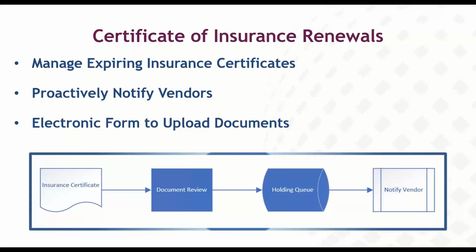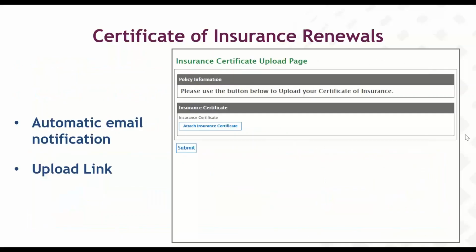So again, we're looking at processes that provide greater oversight, but we're also looking at how to make it simplified. Instead of having to always email or call these vendors to get a renewal on the certificate, we're going to be able to proactively notify those vendors and provide them with a form to upload the renewal.